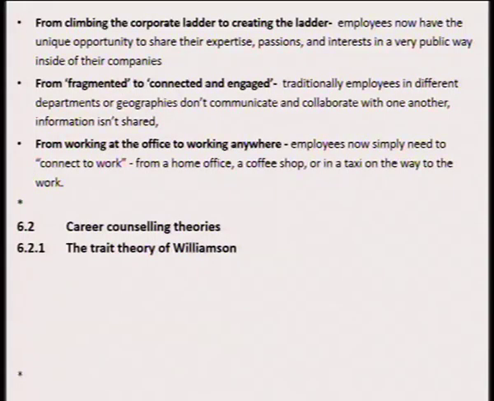Traditionally, employees in different departments or geographies didn't communicate with one another, but nowadays, as information is shared, different departments collaborate with one another. Last of all, we've moved away from working at the office to working anywhere. Employees now simply need to connect to work, whether it's from the home office, inside a coffee shop, or even in a taxi on their way to work.